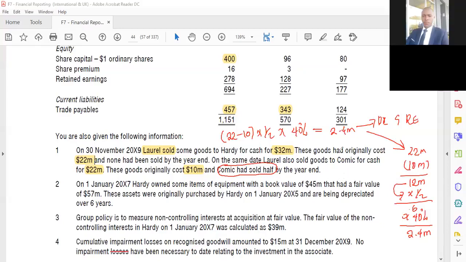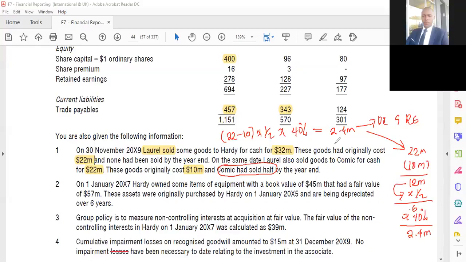Now, why won't that be attributable to the parent? The reason is simple. Is it because it's the subsidiary that sold to the associate?